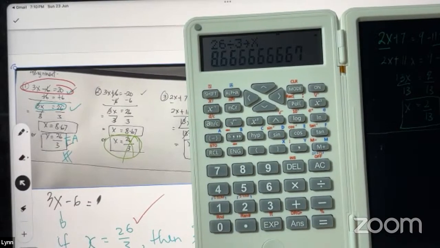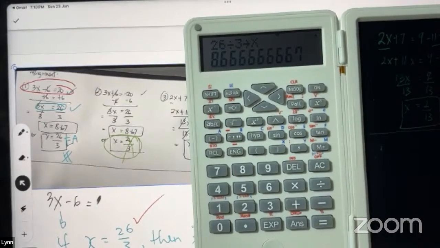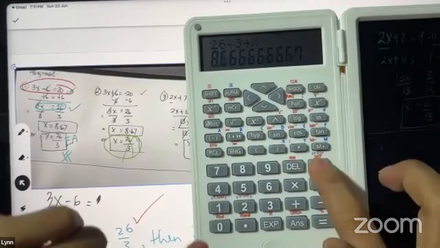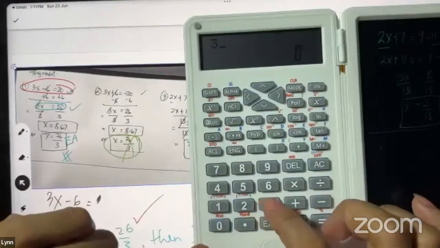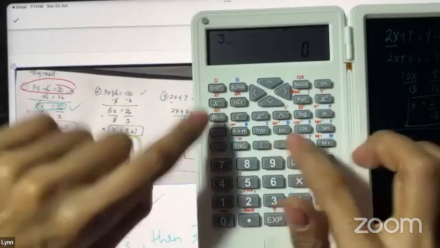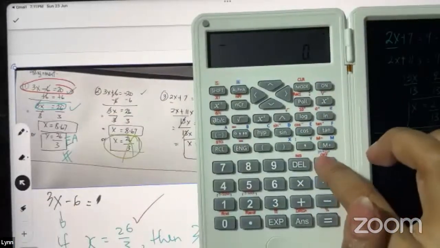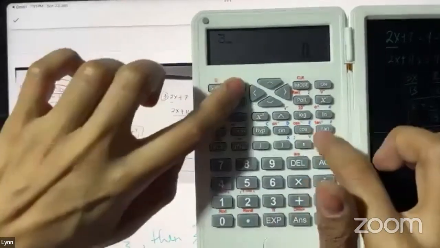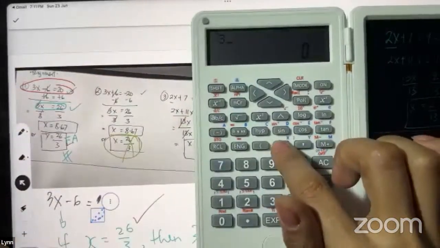What is the original question? 3x plus 6, correct? So go ahead and type 3x plus 6. How do you type 3x plus 6? 3, and then not shift, but alpha, x.